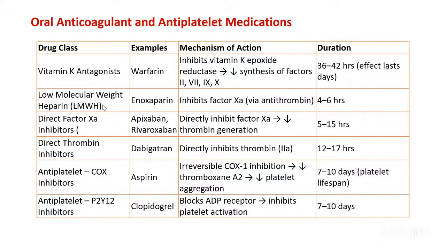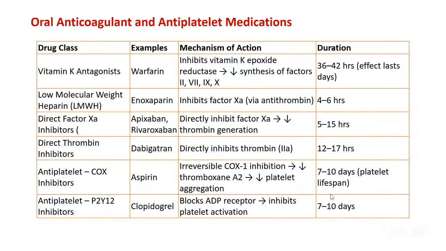Then we have the heparin. The heparin inhibits factor 10 via antithrombin, and its action lasts for 4 to 6 hours. Then we have the direct factor 10 inhibitors. We have also thrombin inhibitors, as well as the antiplatelet drugs such as the COX-1 inhibitors, the COX inhibitors, and prostaglandin 12 inhibitors.